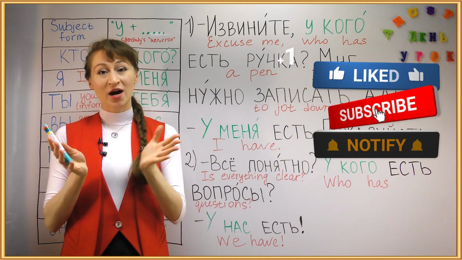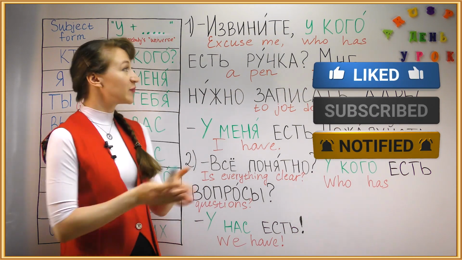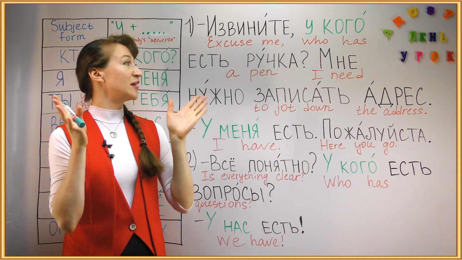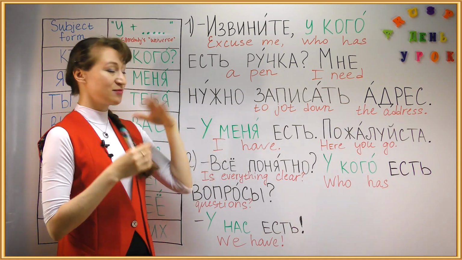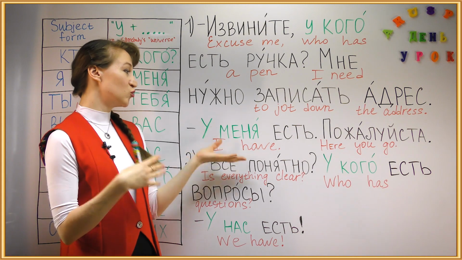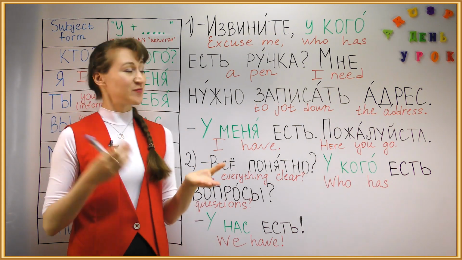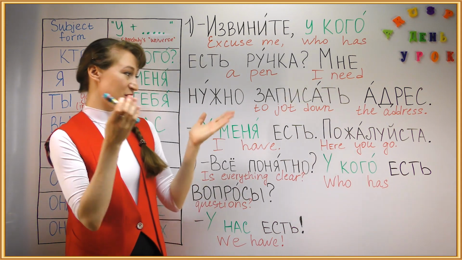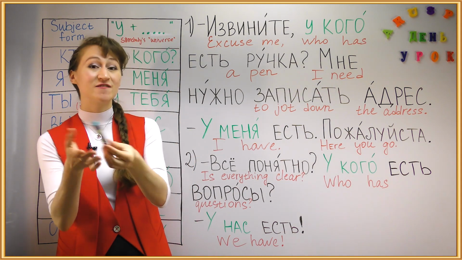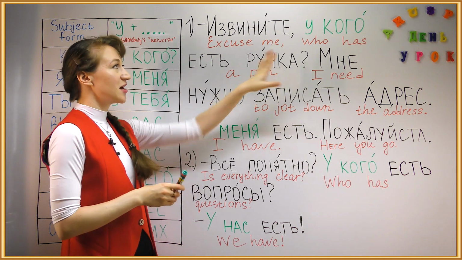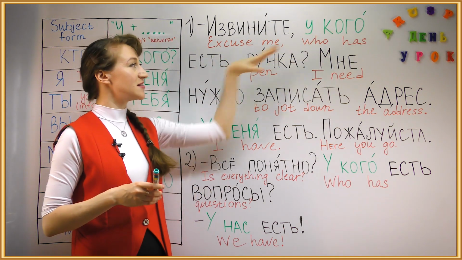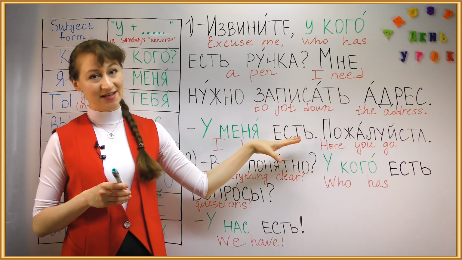So here you're asking a group of people who has a pen. Who of these people has a pen? And one of them says, у меня есть. I have. And, пожалуйста. Here you go. You can use this word when you give something to somebody. So, у кого, who has, у кого есть, who has, у меня есть, I have.